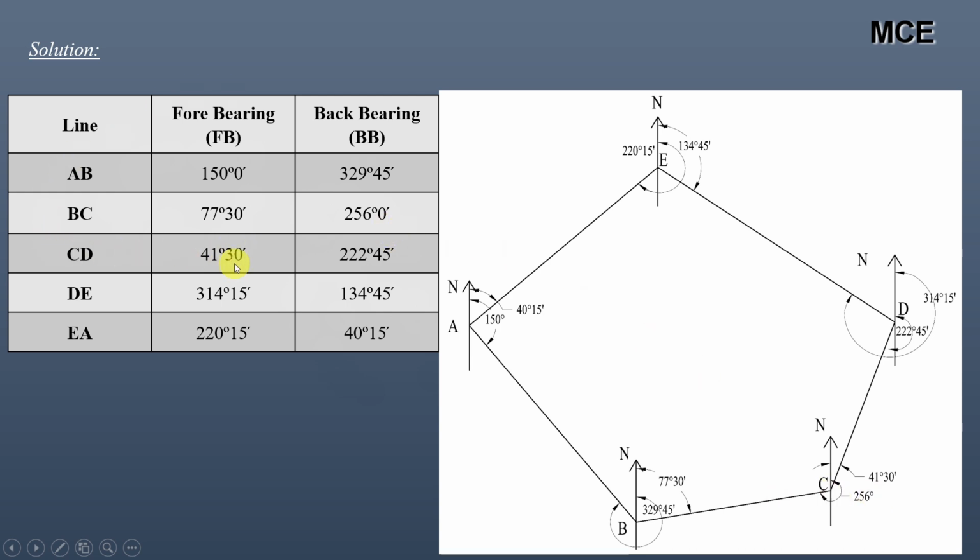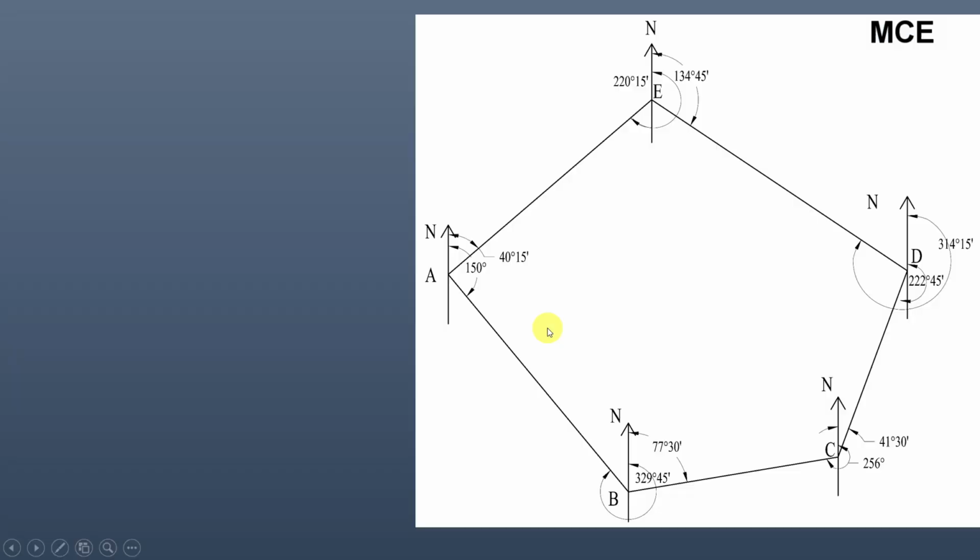Line CD has a fore bearing of 41 degrees 30 minutes and back bearing of 222 degrees 45 minutes. Line DE has a fore bearing of 314 degrees 15 minutes and back bearing of 134 degrees 45 minutes. And line EA has a fore bearing of 220 degrees 15 minutes and back bearing of 40 degrees 15 minutes. First, calculate the included angles.